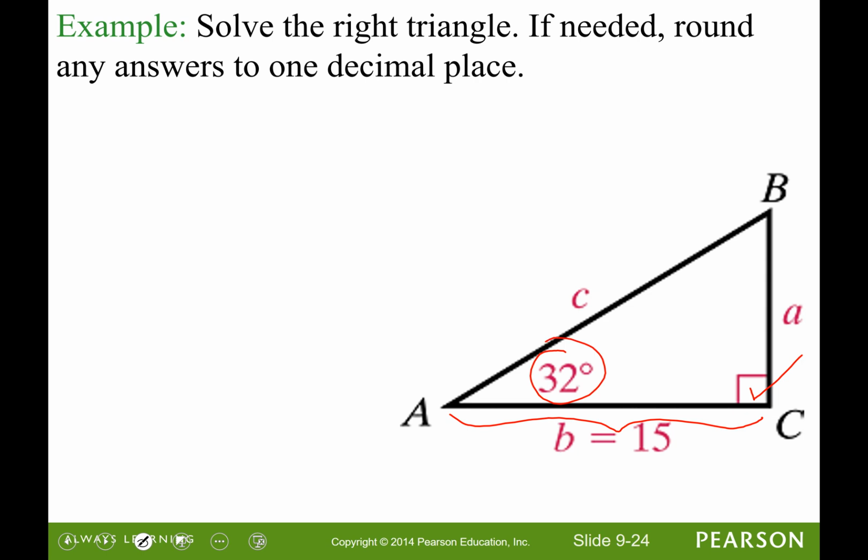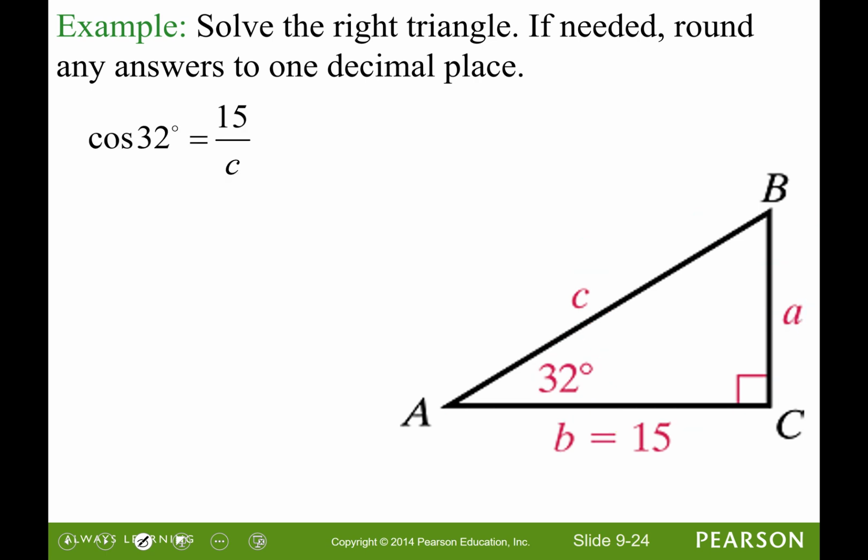Based on just that information, we should be able to find all the other missing parts. Be careful, I see that A and C are labeled there, but for the measure of angle B there's not a variable. So make sure you find all 3 of those parts. It doesn't matter which order, just go with whichever one you can find first.